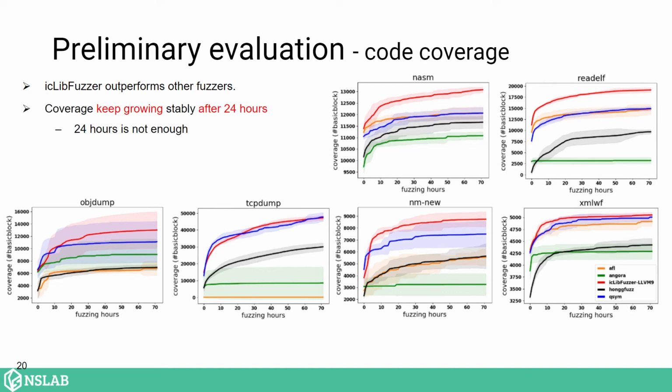Secondly, we can see that icLibFuzzer can still find new code coverage steadily after 24 hours, indicating that fuzzing results within 24 hours may be insufficient to represent the fuzzer's capability to find new bugs or cover additional code.